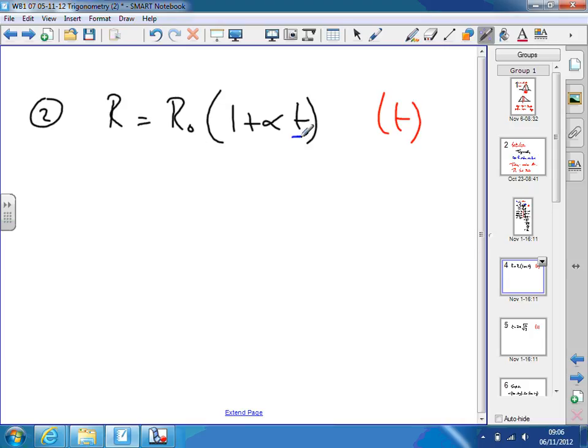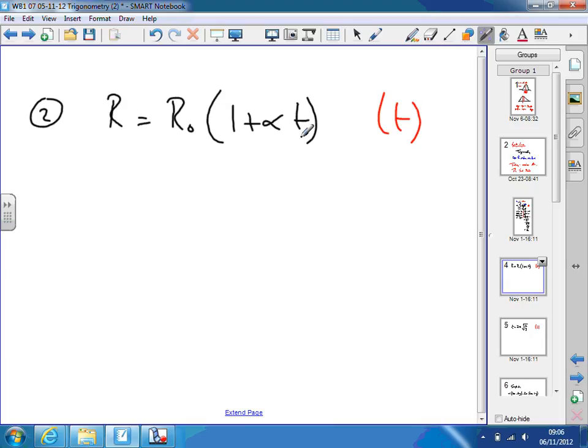So T probably is going to represent temperature, and alpha would be this coefficient of resistivity, which is the rate at which the resistance changes with temperature. So there's the formula anyway. R equals R0 brackets 1 plus alpha T.